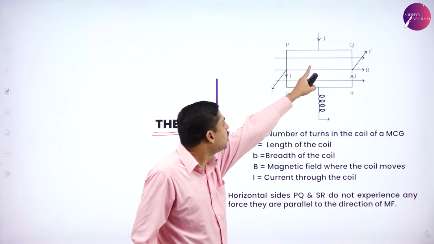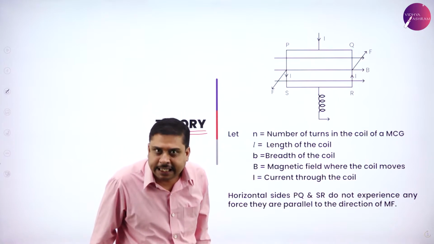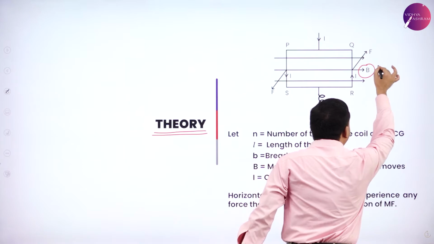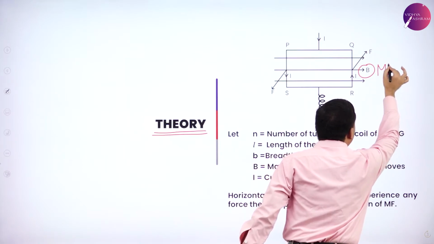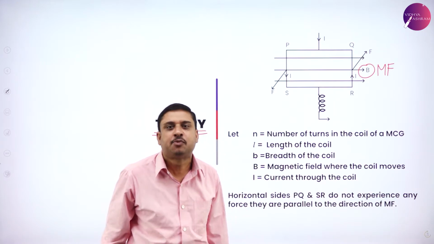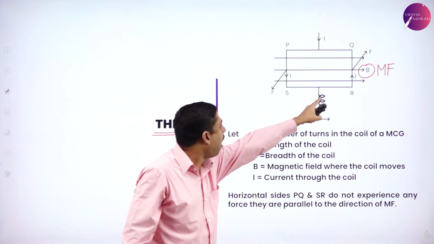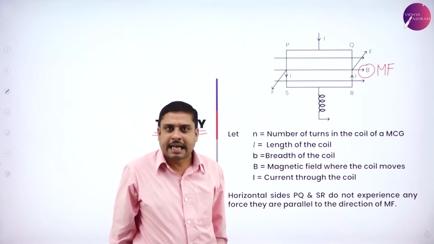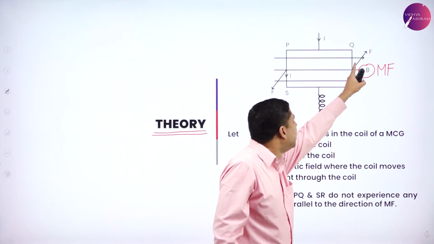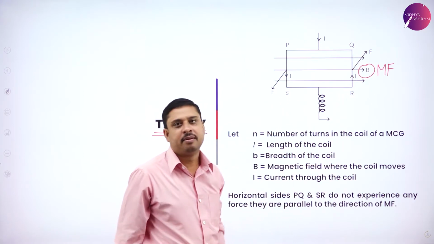P, Q, R and S is the rectangular coil which is placed in a uniform magnetic field, which I call B.